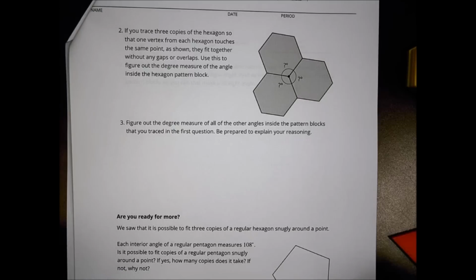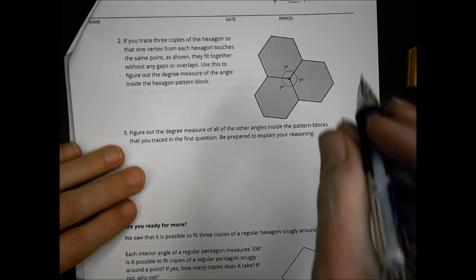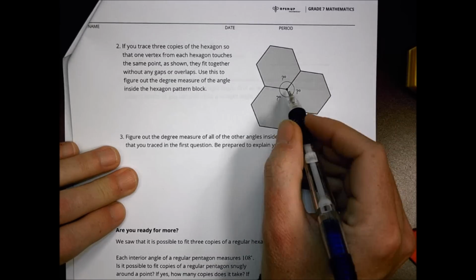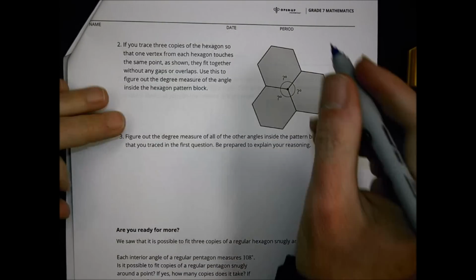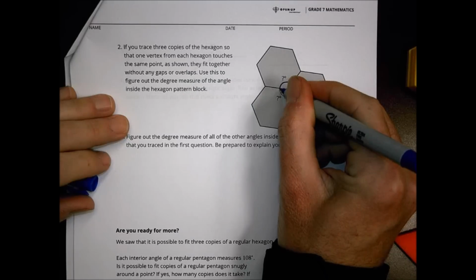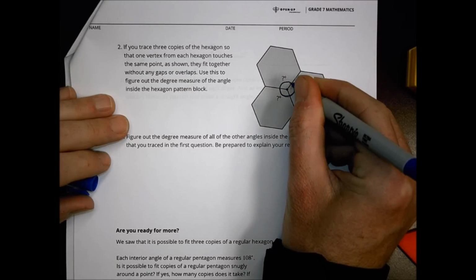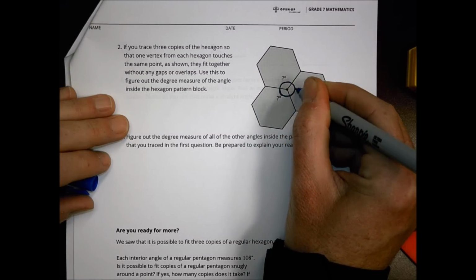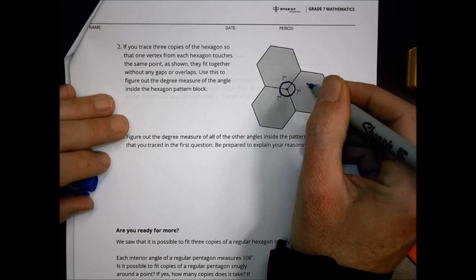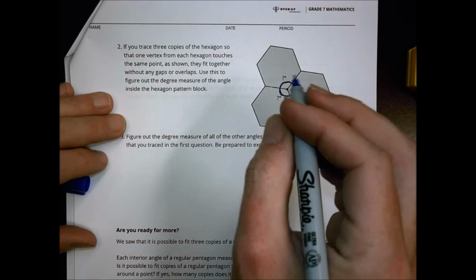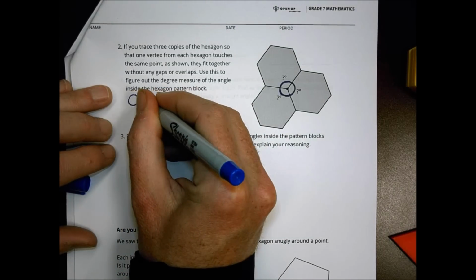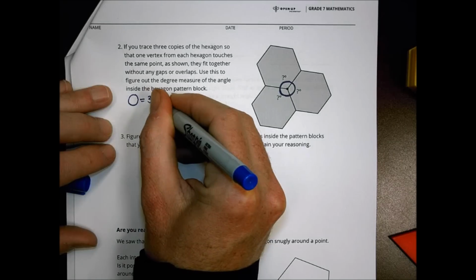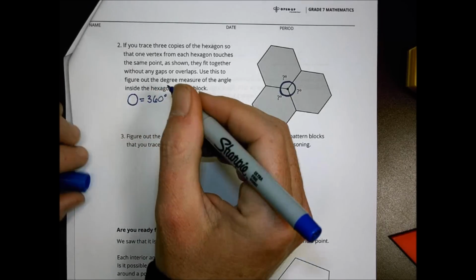Now, one thing you'll notice when you look at what they've given you is what shape did they draw right here? Well, they drew for you a picture of a circle. There's a circle right here that they drew for you. Okay, so we know that a circle has 360 degrees inside of it.